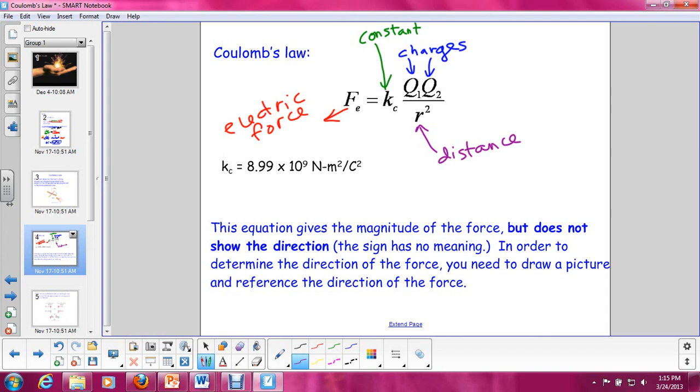So electric force is equal to the constant times the two charges divided by the distance between them squared. F equals K Q1 Q2 over R squared.